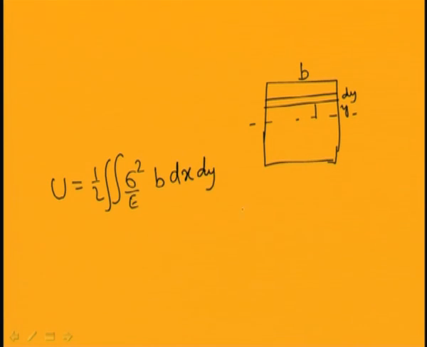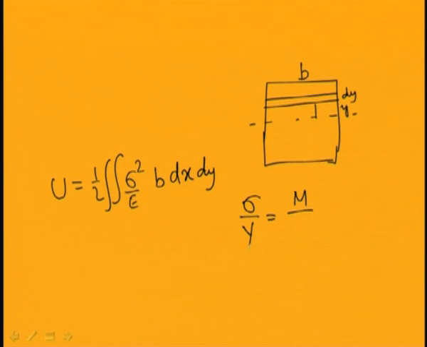Now, this sigma, for pure bending we know the relation between the stress and moment. So, sigma by y equal to M by I, where this I is I zz.